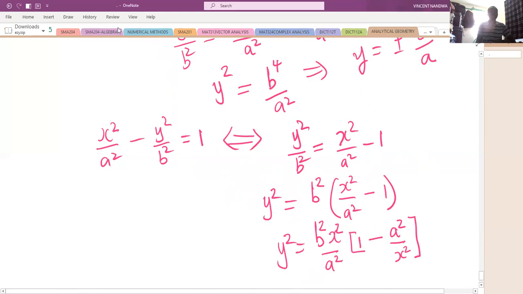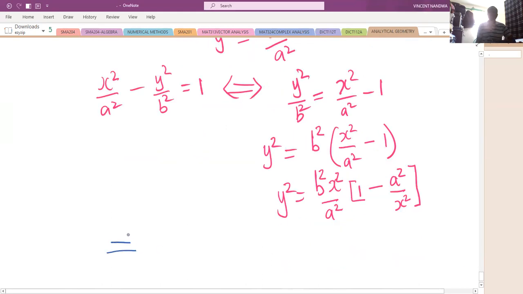I hope you can easily see that these two expressions are the same, because if you open the b squared x squared over a squared times 1, you get b squared x squared over a squared, and then when I multiply by this one, a squared and a squared will cancel out, and x squared and x squared will cancel out, and then I get b squared. So this and this are actually the same thing.